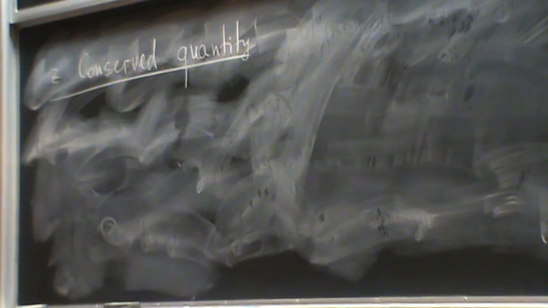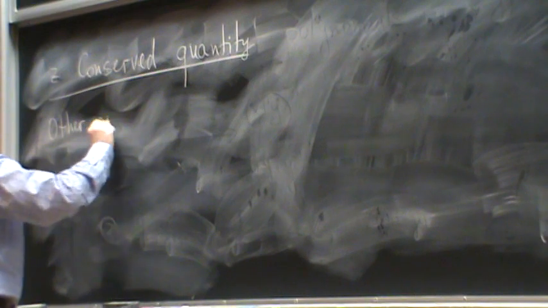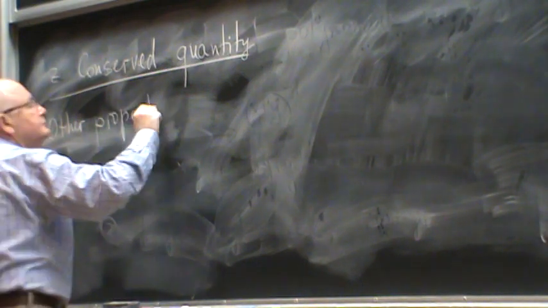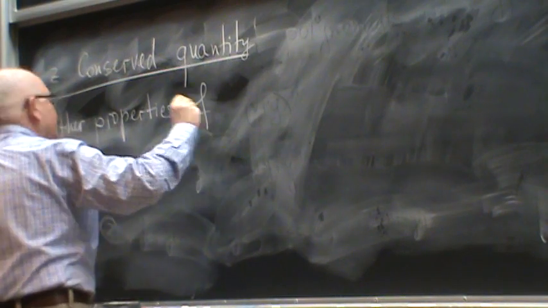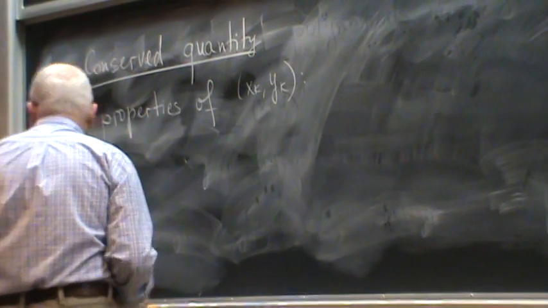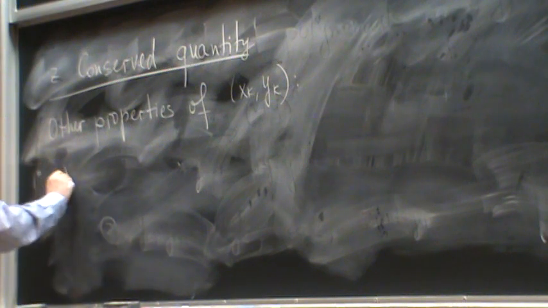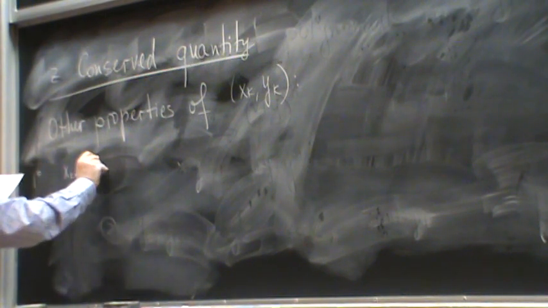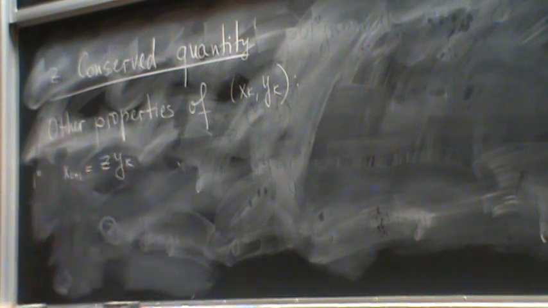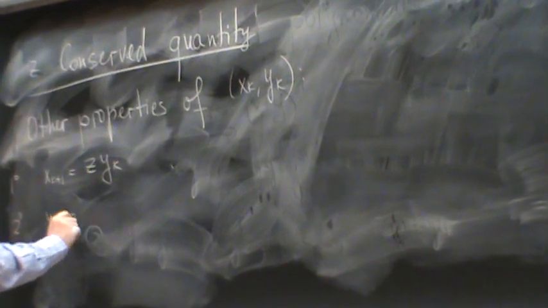Okay, now let me discuss other properties. Well, the first is actually trivial, and it follows exactly from the definition that you have just z, yk. So this follows exactly from the definition. 2 says that you have just this.